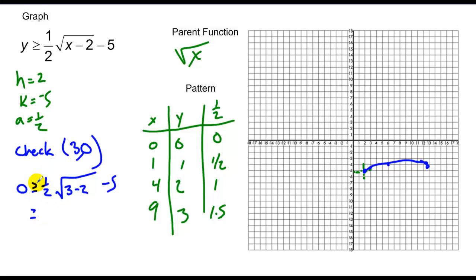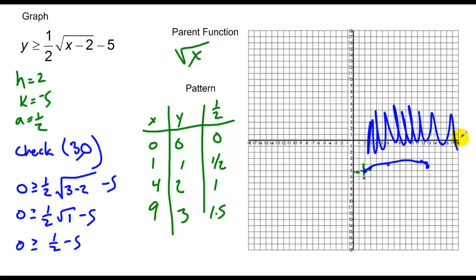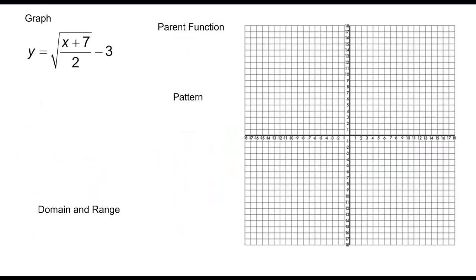Well, then we know at this point we get 1/2 square root of 1 minus 5, and we know that's 1/2 minus 5, and is 0 greater than 1/2 minus 5? Sure is. So since I tested this point and it works, we shade up. Notice again, we don't go to the left of the starting point.